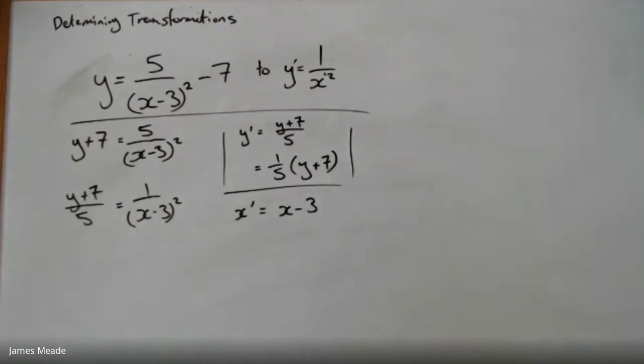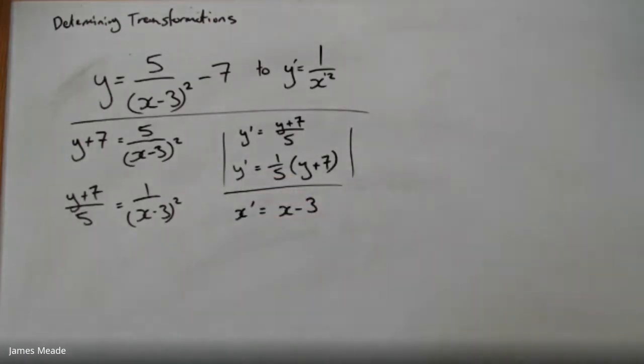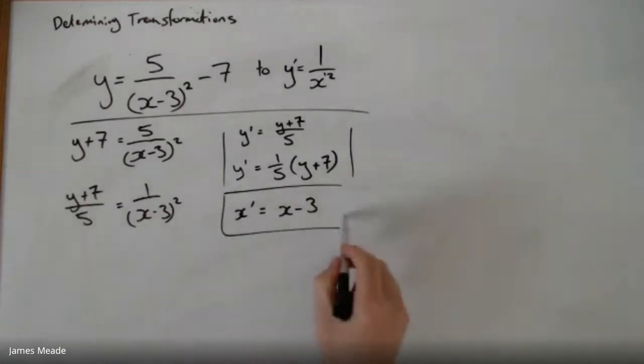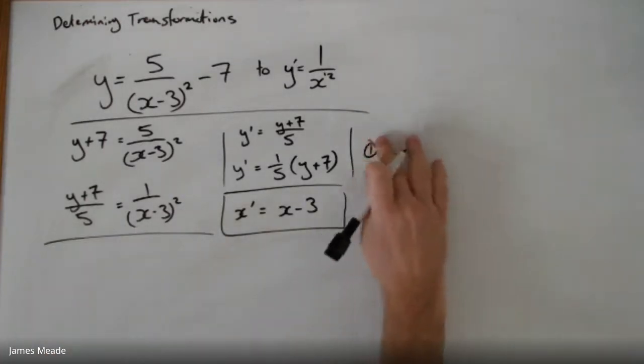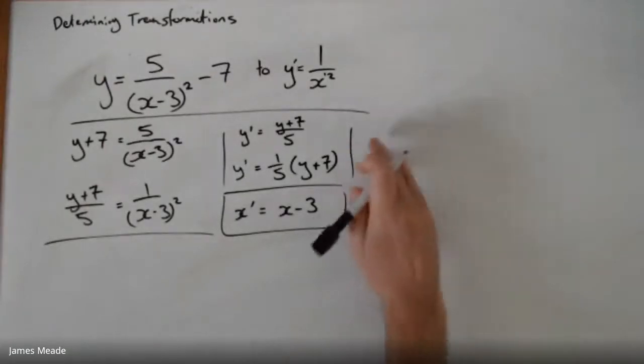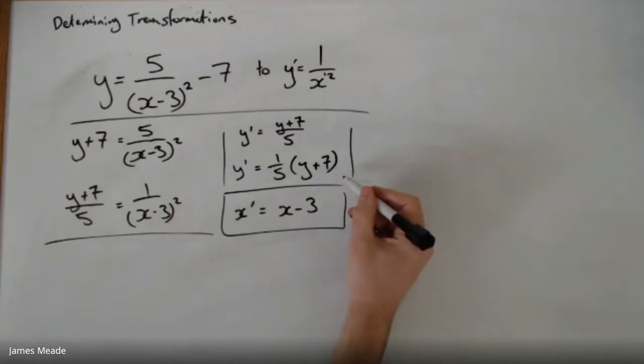So here are my two equations for the images. Let's rearrange those to make x and y the subject. So y dash equals 1/5 y plus 7.